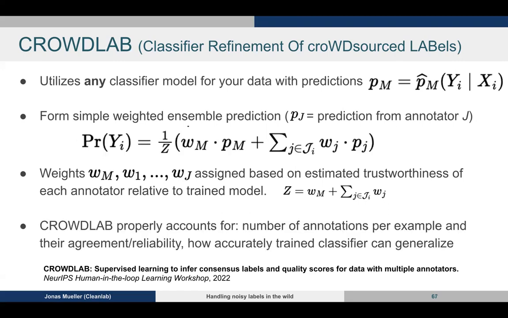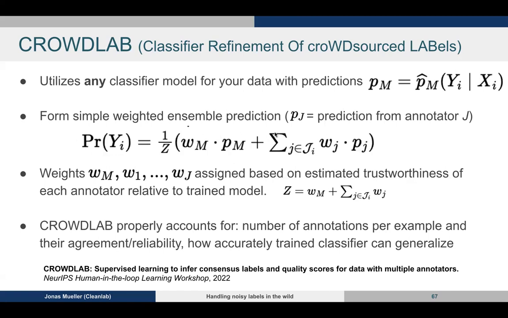But broadly speaking, when you formulate the problem like this, you're really properly accounting for the number of annotations that each example had, because if an example had many annotations, then there are many w_j terms here, many annotators. And so the overall weight outweighs the classifier model significantly, and you trust the agreement between the annotators much more than any of the predictions given to you by the classifier model.